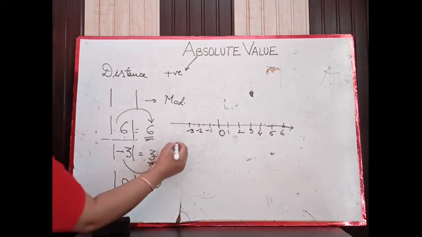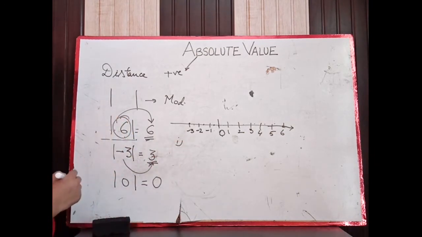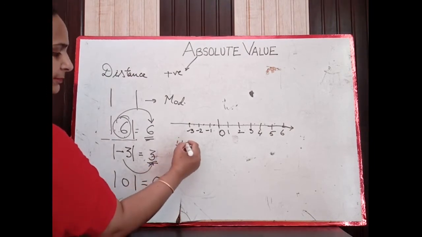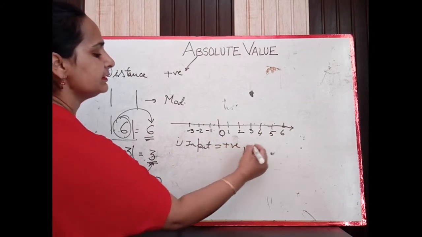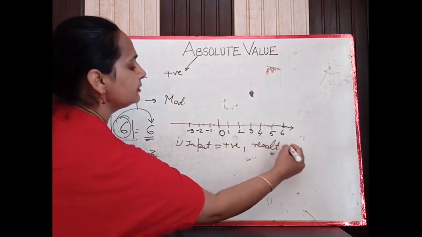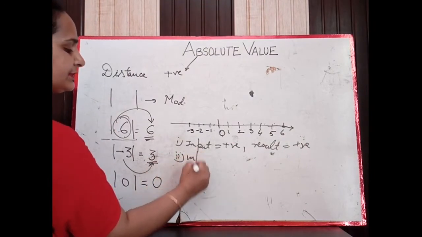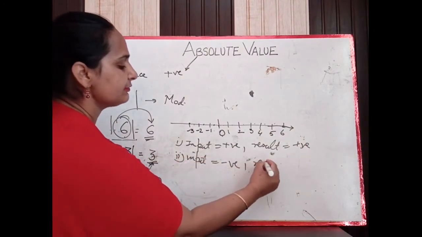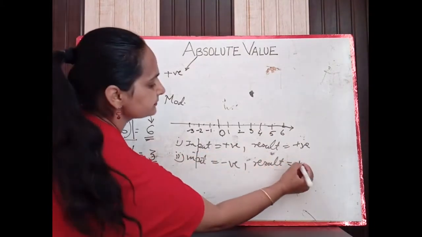We have got 3 points from here. If the input, the value whose absolute value we have to find, is positive, the result will be positive. Second point, if the input is negative, the result will again be positive.